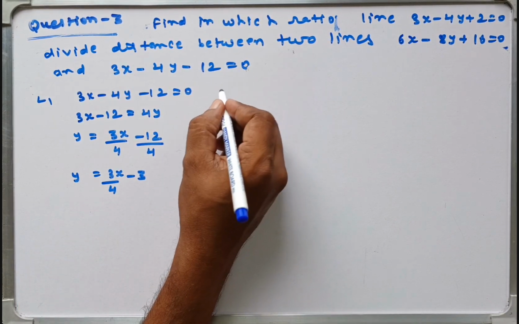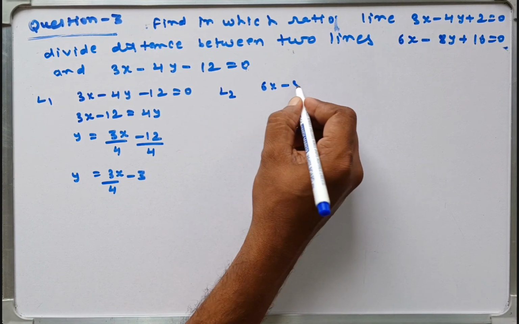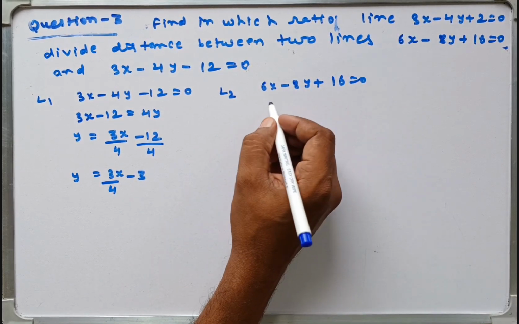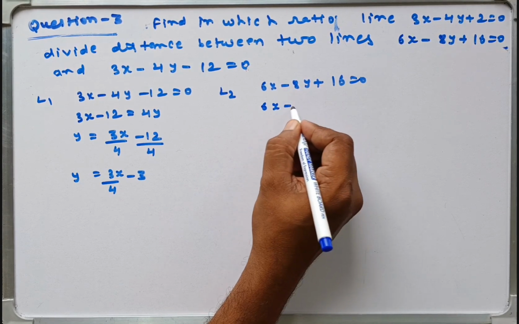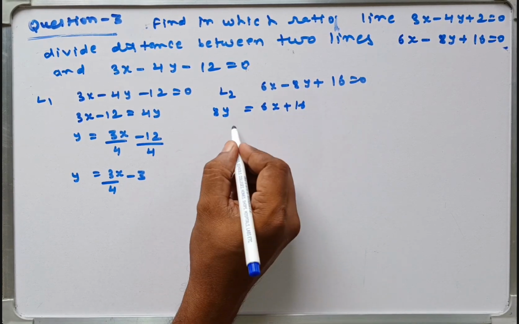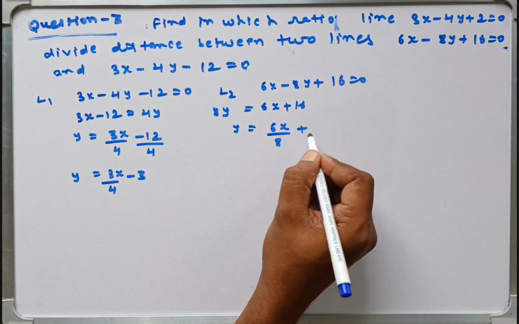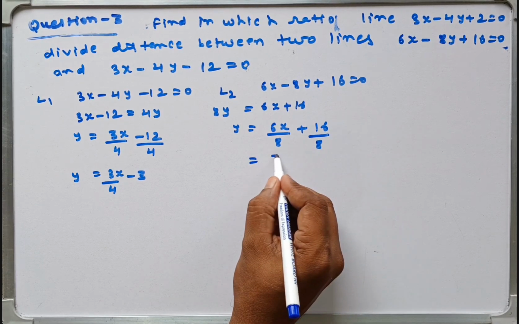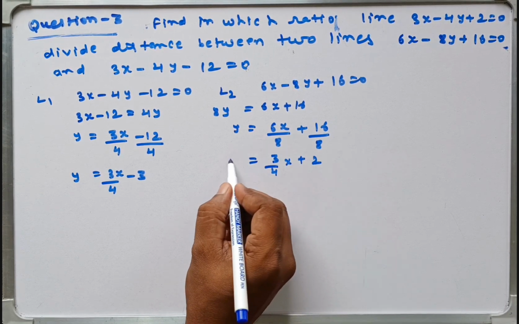Now say the L2 equation is 6x minus 8y plus 16 equals 0, then what do we write in this case? 6x plus 16 equals 8y. So y will come 6x divided by 8 plus 16 by 8, so this is 3 by 4 x plus 2.